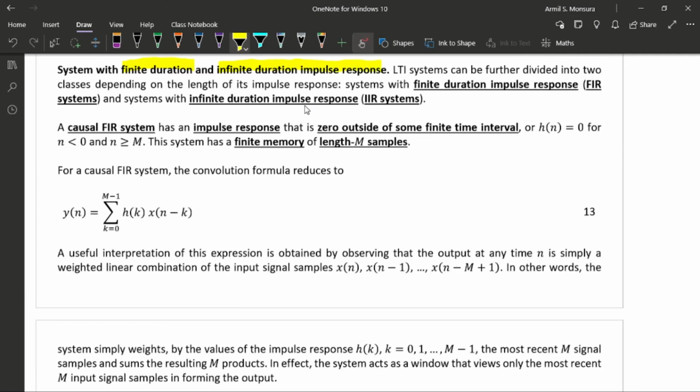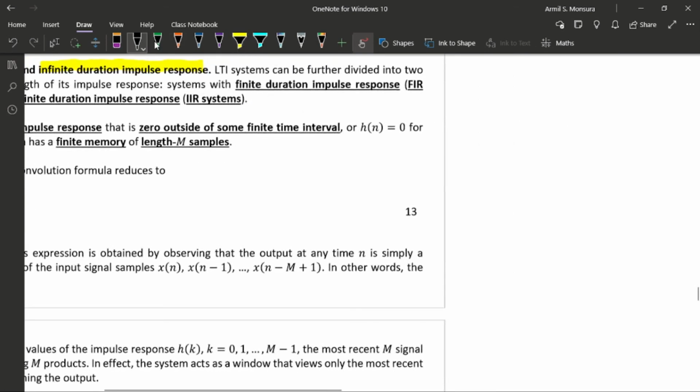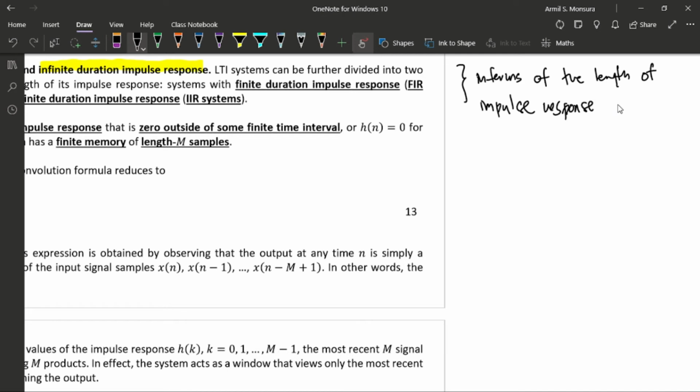So LTI systems can be classified in terms of the length of your impulse response h of n. Either finite yung length niya or yung duration niya, o kaya infinite siya.